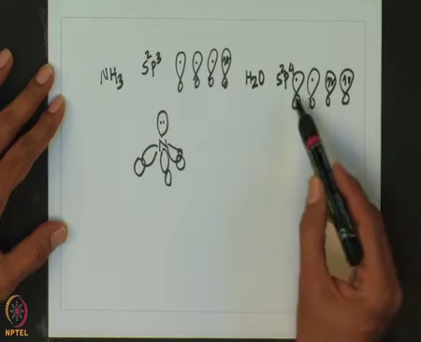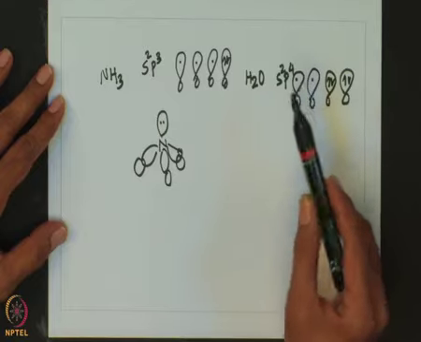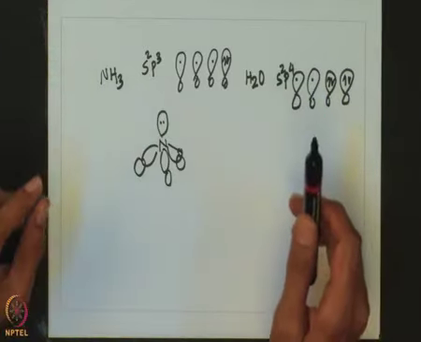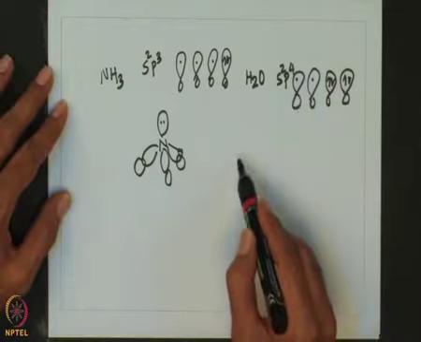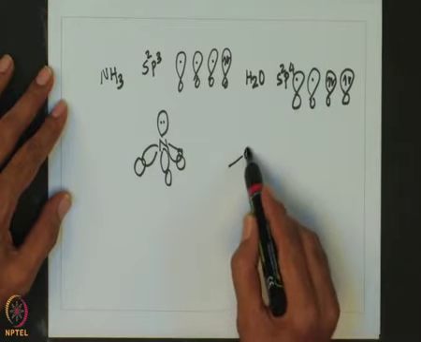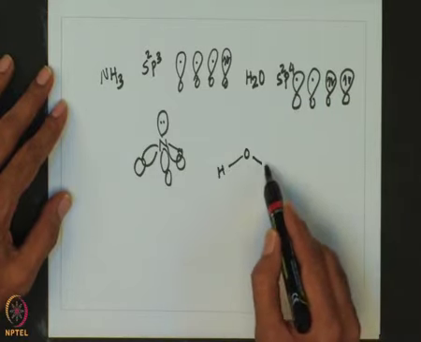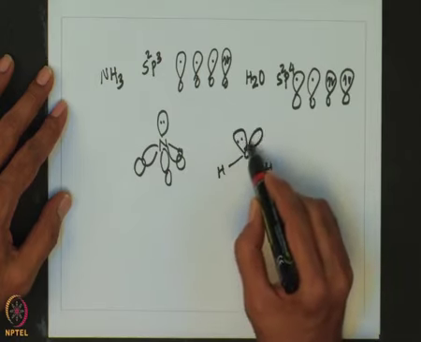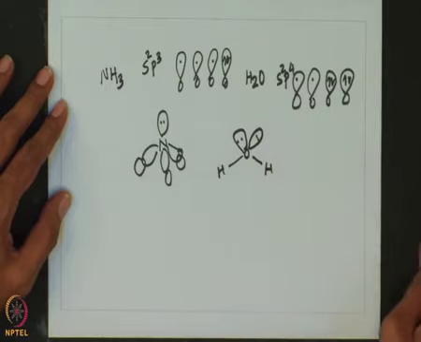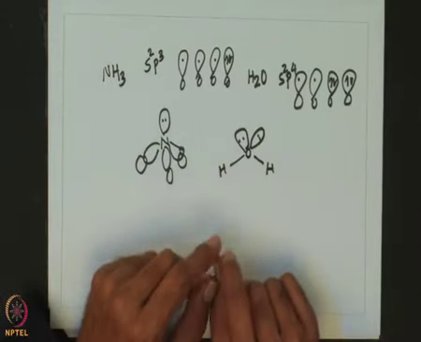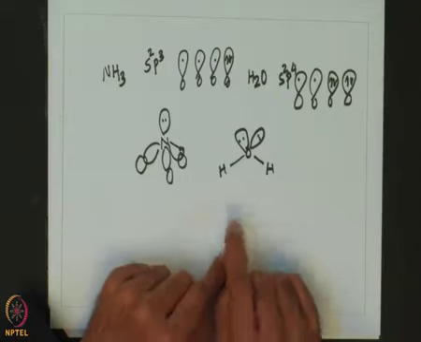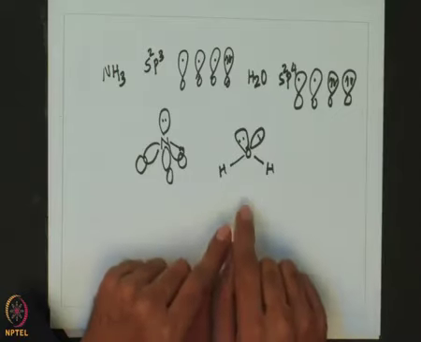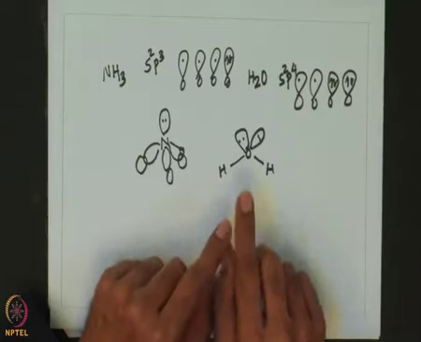So, only those sp3 having 1 electron can combine with the 1s1 of hydrogen to form 2 OH bonds, and the other 2 will remain intact. So, that indicates oxygen has 2 lone pairs and 2 bonded pairs, and the geometry is still tetrahedral, whereas the shape is bent or V shape, as we call it.